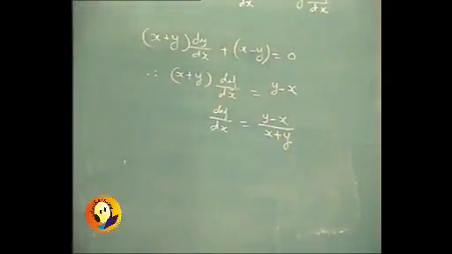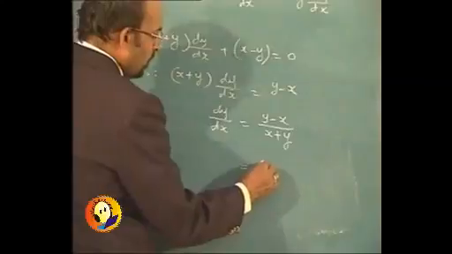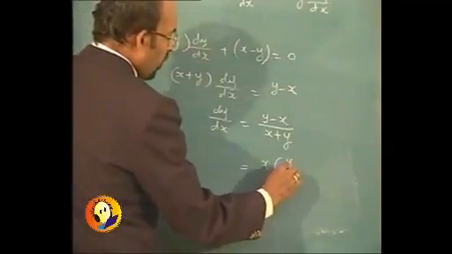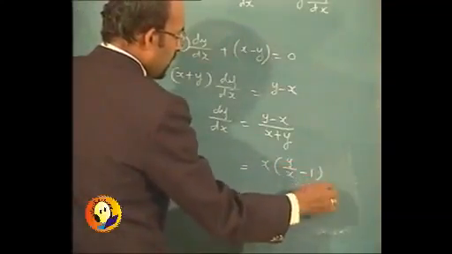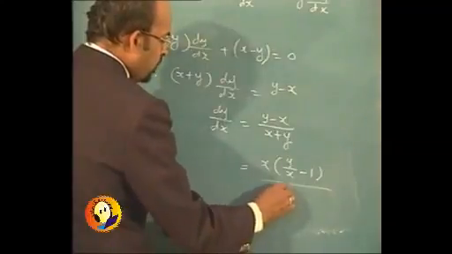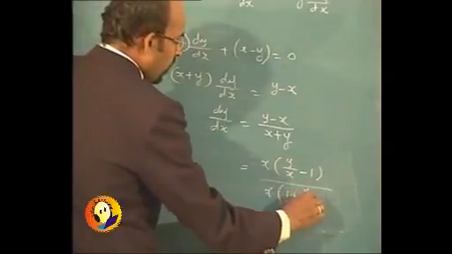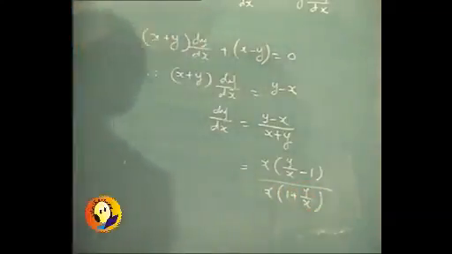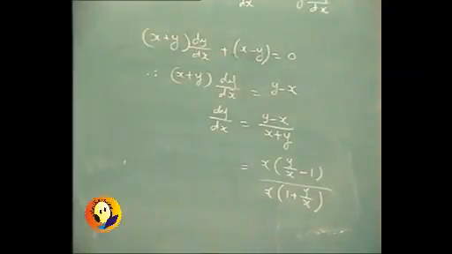Numerator and denominator both are homogeneous of degree 1, so take x common, so it will be x into bracket y by x minus 1 divided by x into bracket 1 plus y upon x. With the same substitution that y by x is equal to u, that is y equal to x into u, we can proceed with the solution.